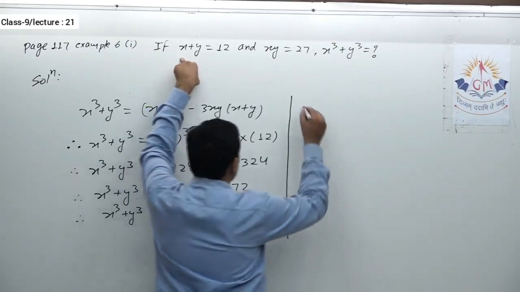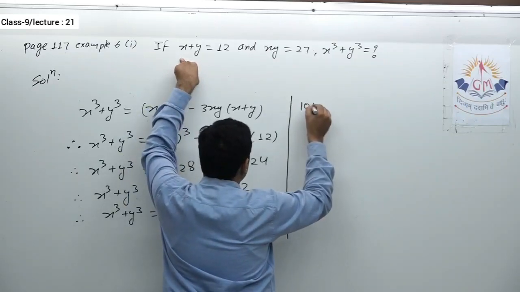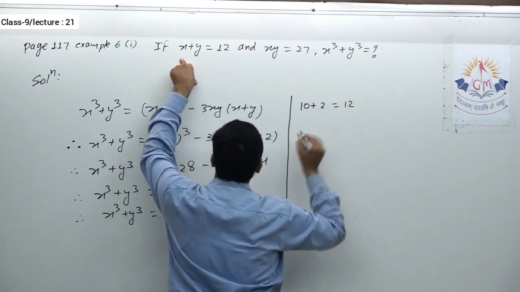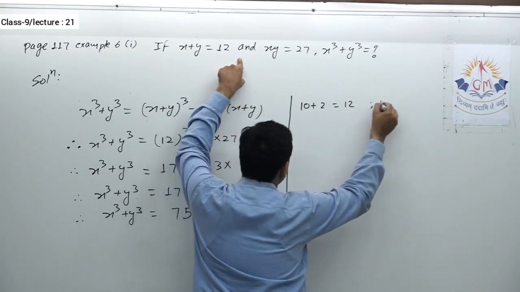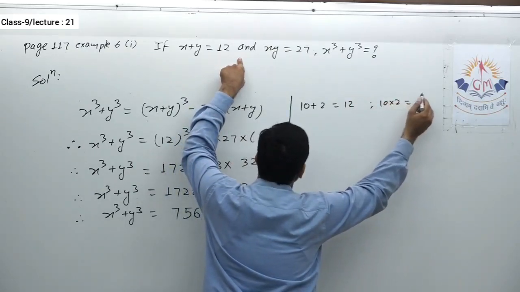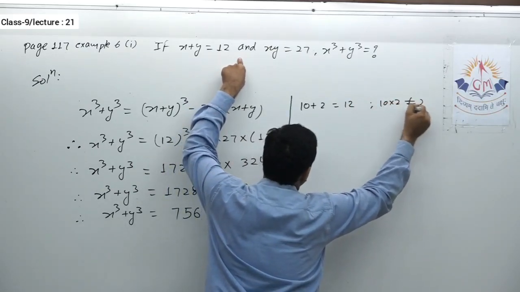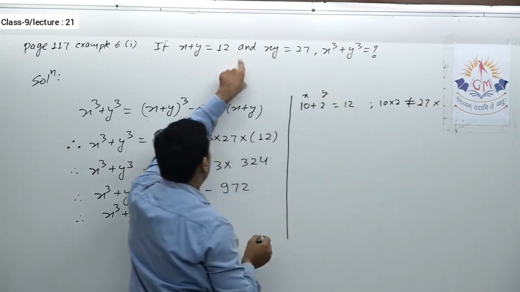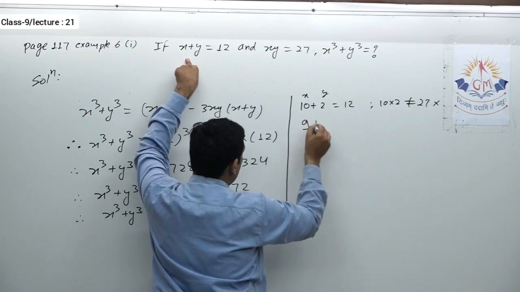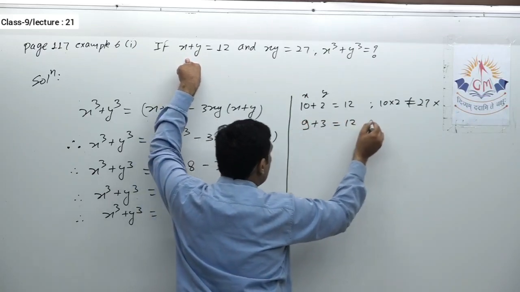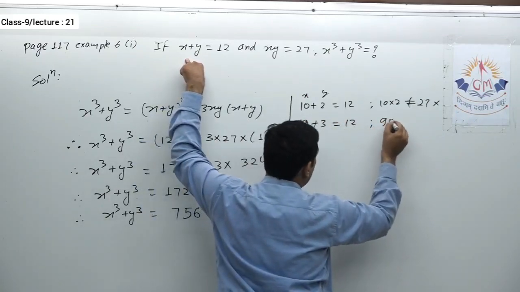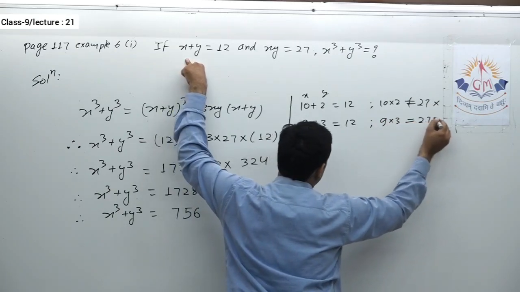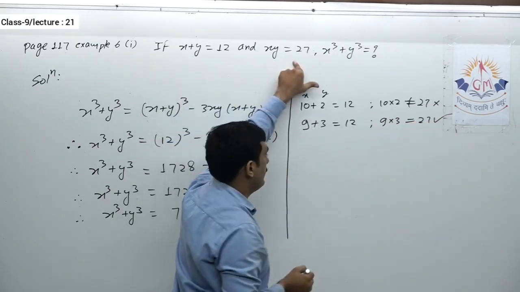For example, 10 plus 2 is 12, isn't it? But 10 into 2 is not equal to 27. So these are not the correct values of x and y. Now if I take x equal to 9 and y equal to 3, again the sum is 12, and 9 into 3 is equal to 27. That means this combination becomes correct.